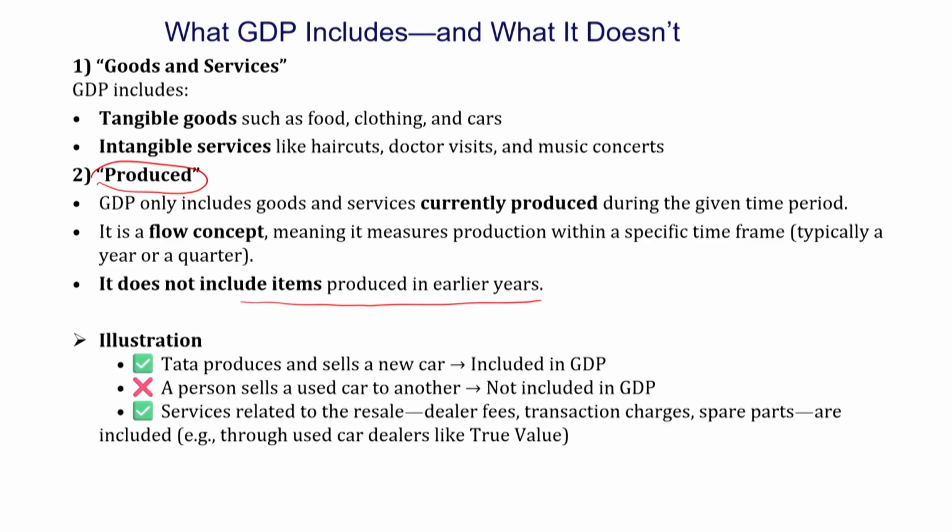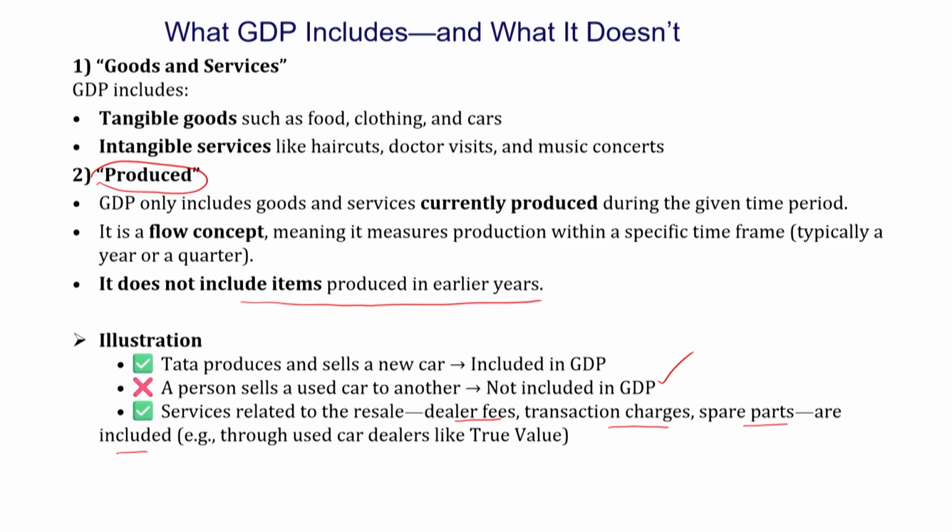For example, Tata, the company, produces and sells a new car, that is included in GDP. But what about a person who sells a used car to another? That is not included in GDP. But services related to the resale, for example, the dealer fees, transaction charges, spare parts, they are actually part of economic activity this year.